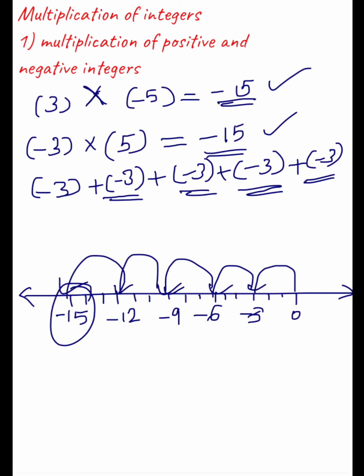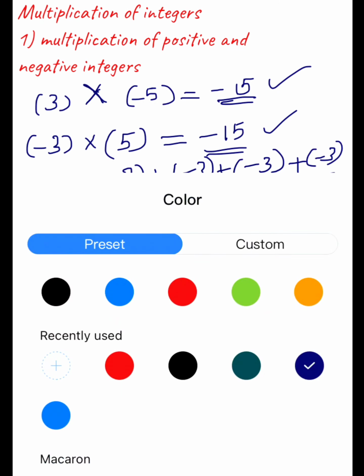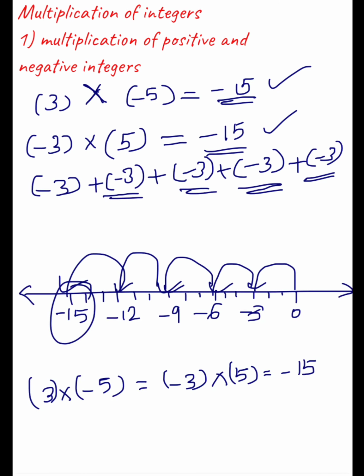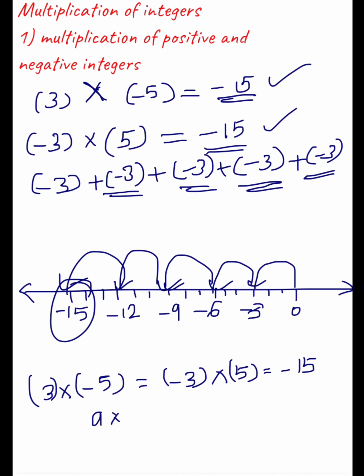You can say that 3 into minus 5 equal to minus 3 into 5 equal to minus 15. Or in general you can say that a into minus b equal to minus a into b.